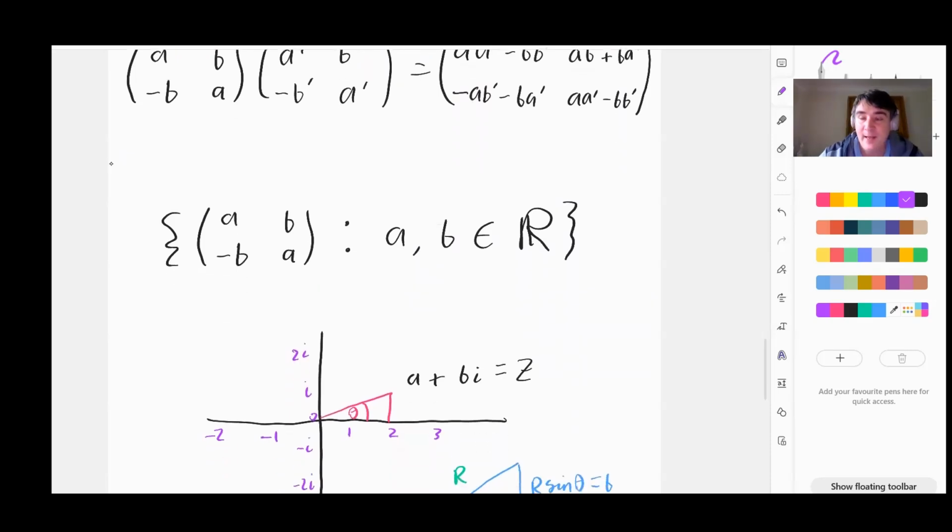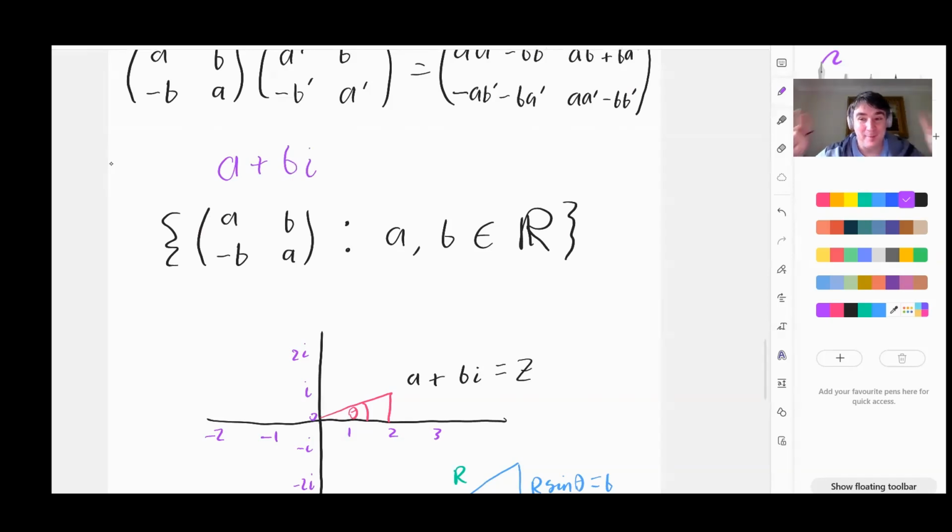And so what we're really seeing here is that if we consider these 2 by 2 matrices of this kind of form, these are really representing the usual complex numbers, the kind of thing that we'd write as A plus BI.